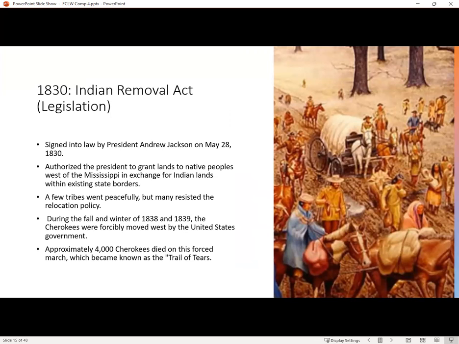Many tribes went peacefully, but some resisted. In the fall and winter of 1838-39, the Cherokees were forced to move west, and many of them died. 4,000 died on what was called the Trail of Tears. So this is again a landmark legislative bill.